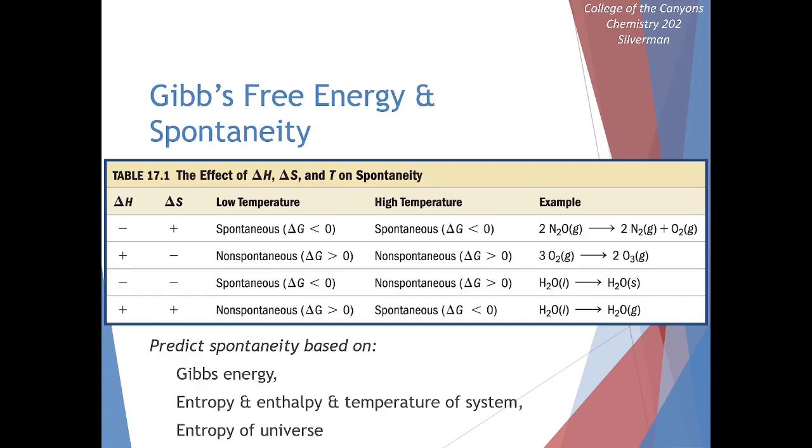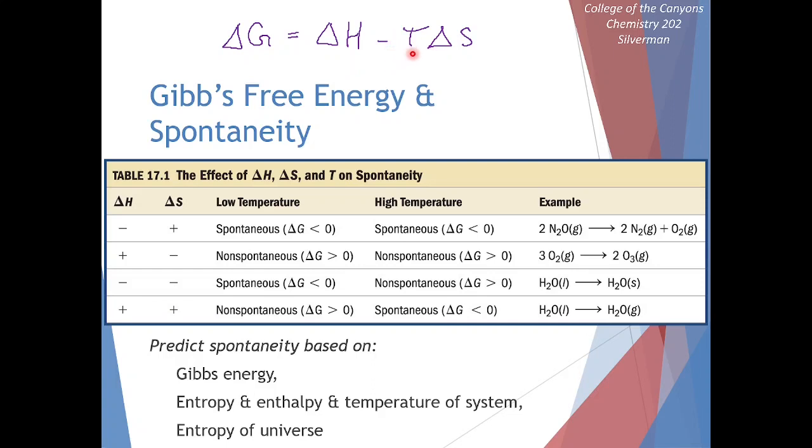We can use our equation for delta G to predict when our reactions are spontaneous. If we know the signs of our change in enthalpy and change in entropy, we can use our intuition to figure out when our delta G will be negative, which implies our reaction is spontaneous. In order for delta G to be negative, we would like our delta H to be negative.